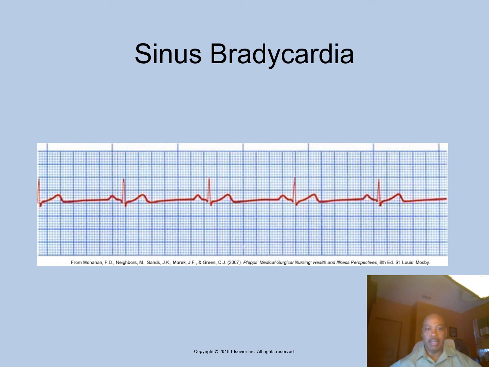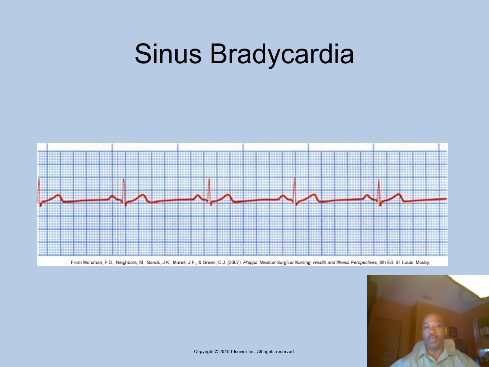On this slide, as you can see, is sinus bradycardia. Again, the R waves are much wider, as you can see. But it still has a P wave, has a QRS and your T wave. And when you look at a slide like this, one of the things you understand is that the electrical impulse originated in the sinus area.